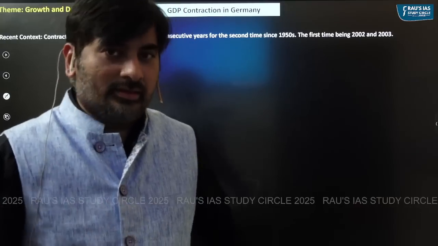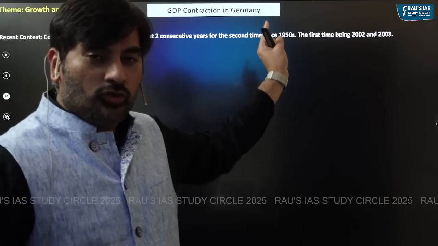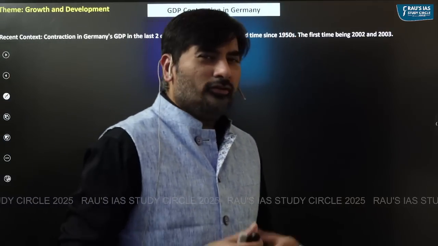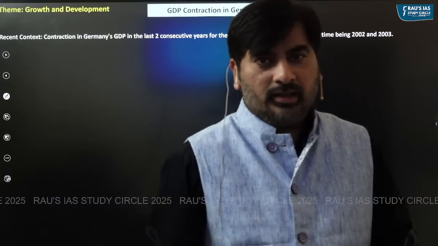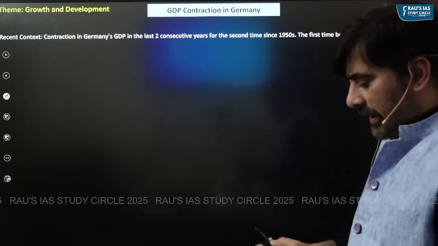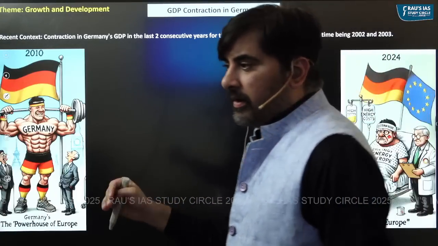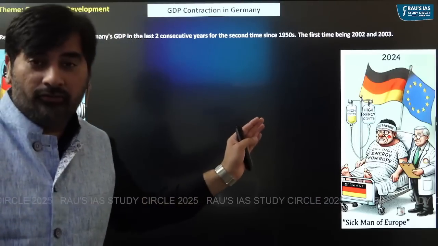Prior to this, Germany had faced similar contraction in 2002 and 2003. So what actually happened with Germany? Germany, which was called as a kind of economic powerhouse of Europe, is now being labeled as sick man of Europe.